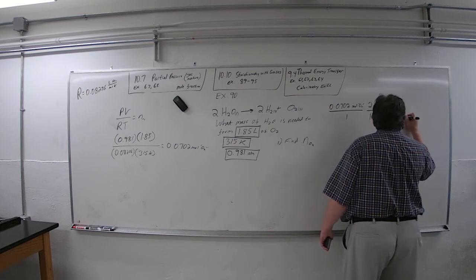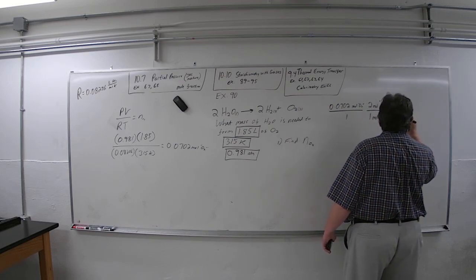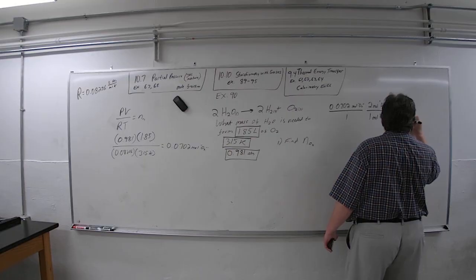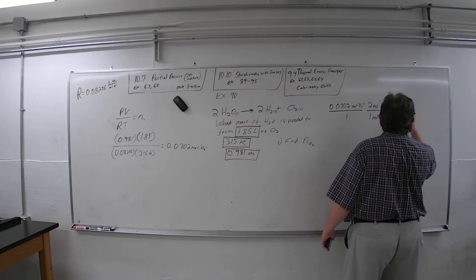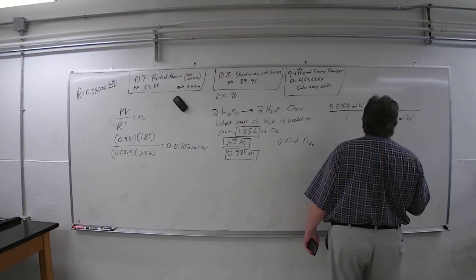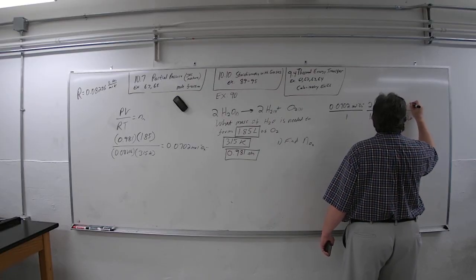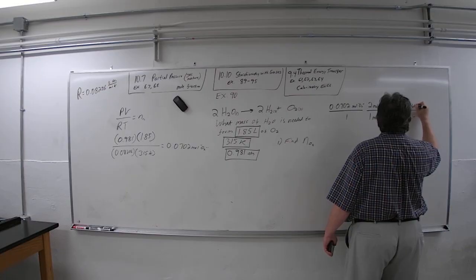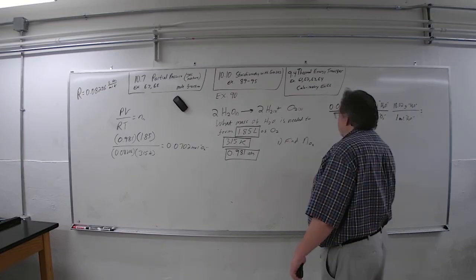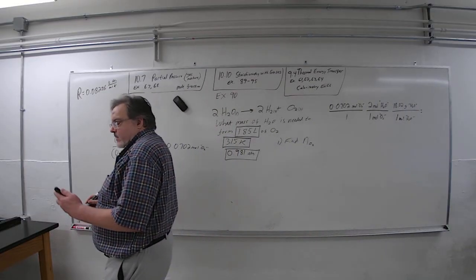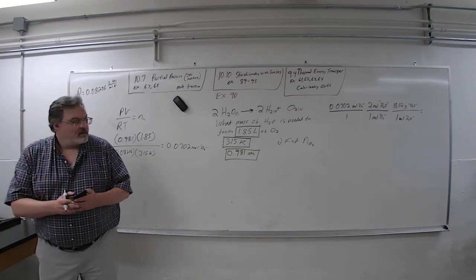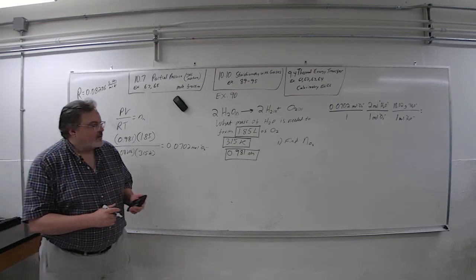And then the last thing is 1 mole of H2O is 18.02 grams per mole. That'll tell you the grams of H2O you need to get that many liters.